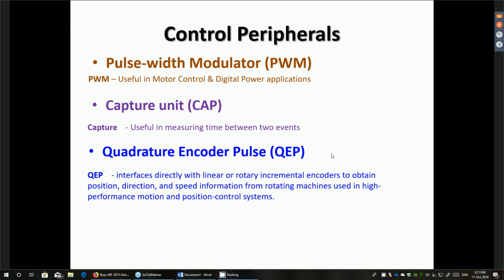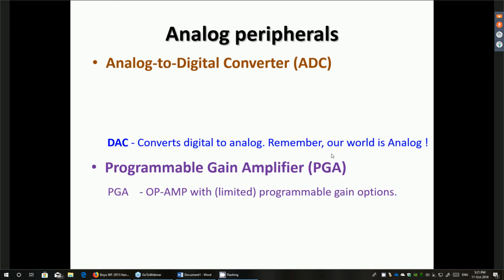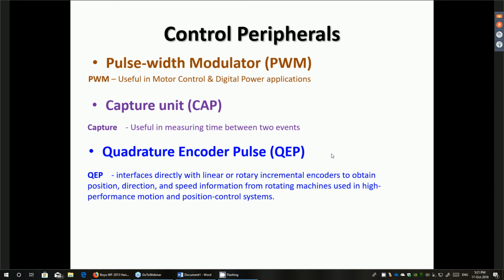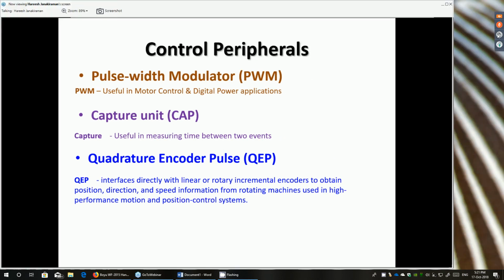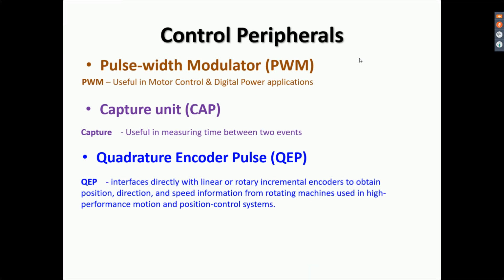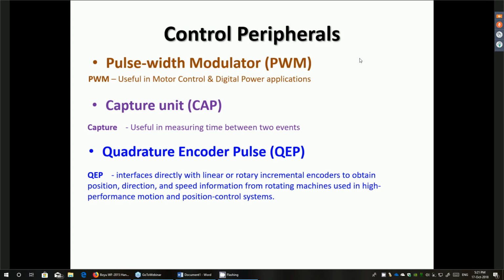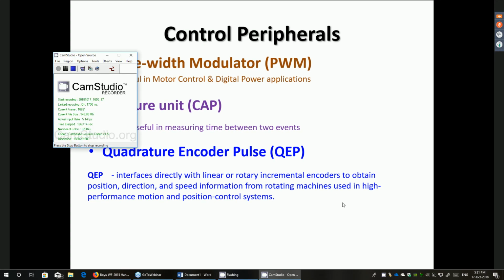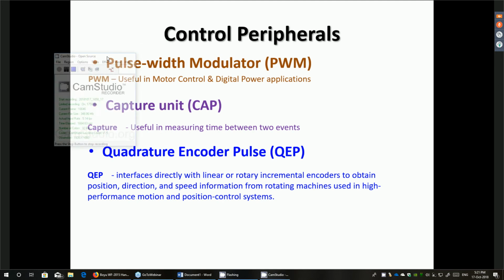And I want to readily admit that this is not my area of expertise. Pulse width modulator, I do know they are used in motor control. Now almost all control has become digital, so there are peripherals in our microcontrollers that enable the digital control of applications like motor control.